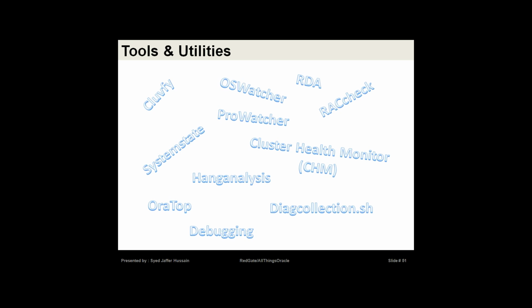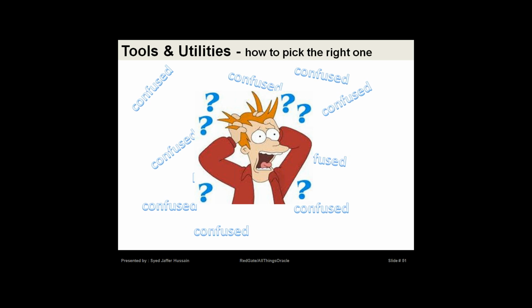In the subsequent slides, I'm going to give a brief explanation and demonstration through the slides of how you can use these utilities to solve problems. This is a funny slide. It says, oh my God, I have so many, I don't know which to use. So you're confused. It is always very important to choose the right one in the right situation.